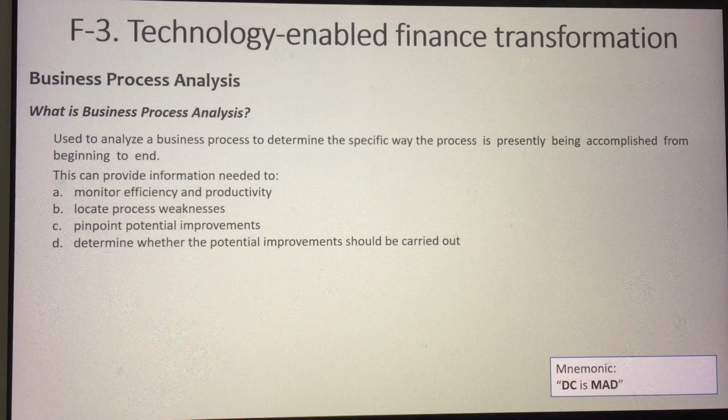So, what is business process analysis? It's used to analyze a business process to determine the specific way the process is presently, take note, presently being accomplished, from the very beginning to the very end. So, that's your business process.